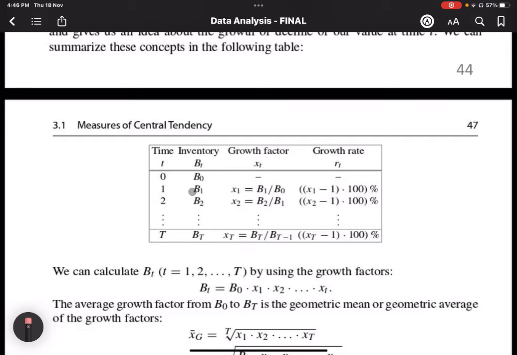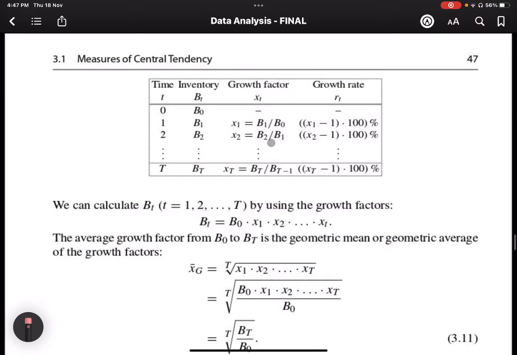We divide the second value by the initial value. The second growth factor is computed by dividing the new or current value by the past value. That's how you compute for the growth factor.